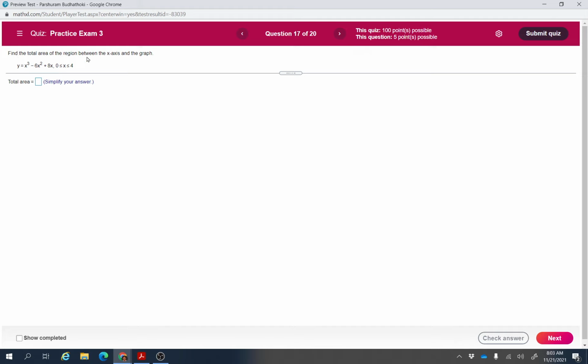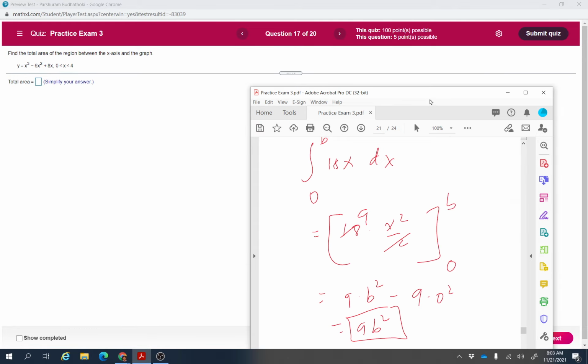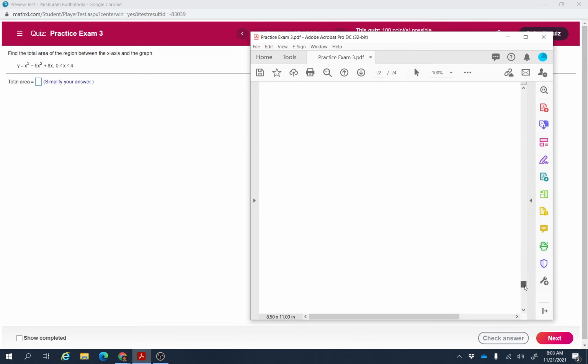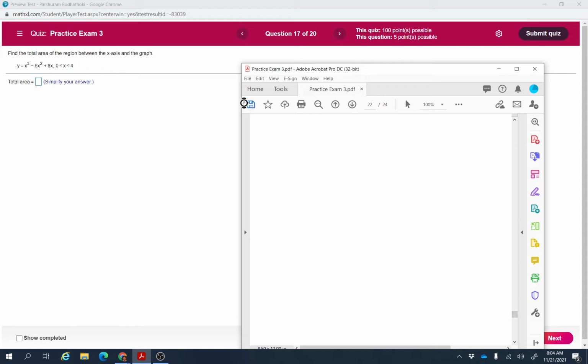Find the total area of the region between the x-axis and the graph. If you try to plot the graph of this function, there are 2 parts you are going to see. Let me just show you. This is problem 17. If you try to plot the graph, this function y is x cubed minus 6x squared plus 8x.